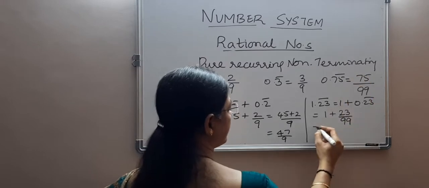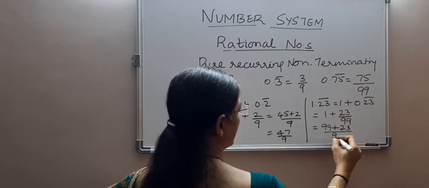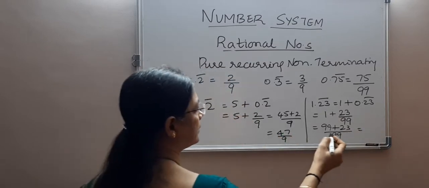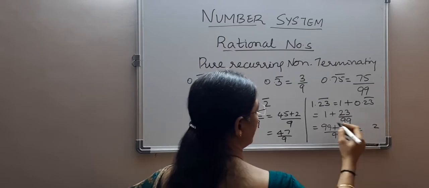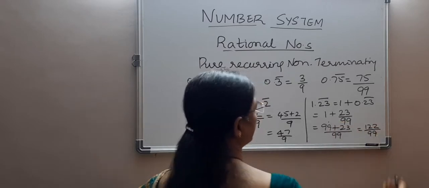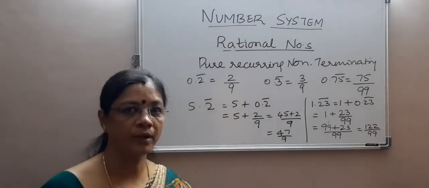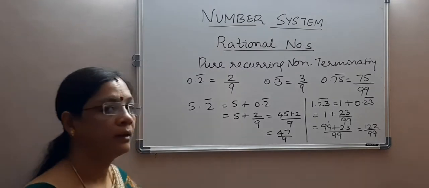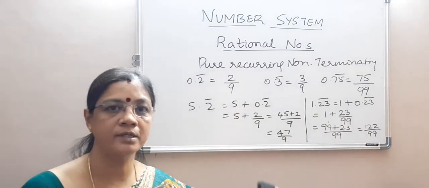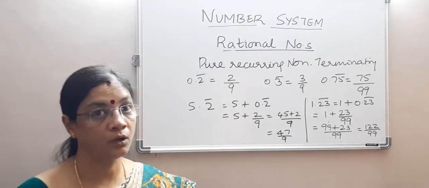I take the LCM, 99 plus 23 divided by 99, and this becomes 122 divided by 99. Now do you understand? I can reduce it to lowest form if it has a common factor.